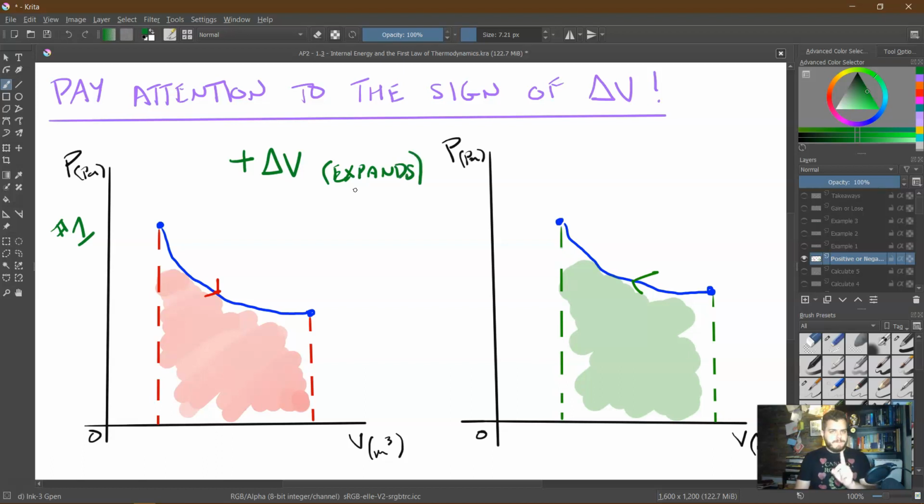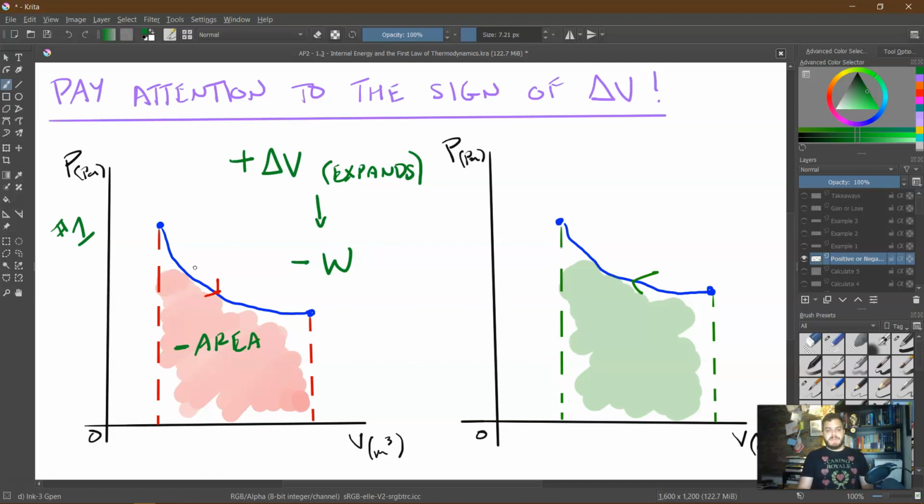But remember, if the gas is expanding, it's losing energy, which is equivalent to a negative work. So this area here, we would count as negative as it moves from left to right. So, okay, that's really annoying, because usually we think of if it goes to the right, it's positive. This is a bit of a flip.